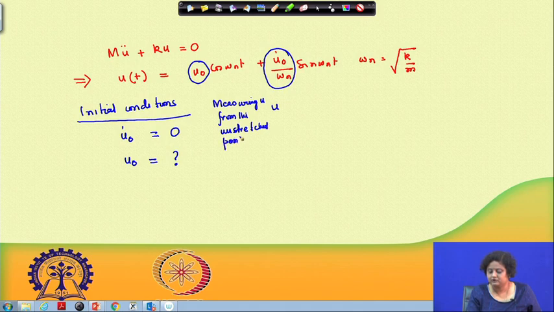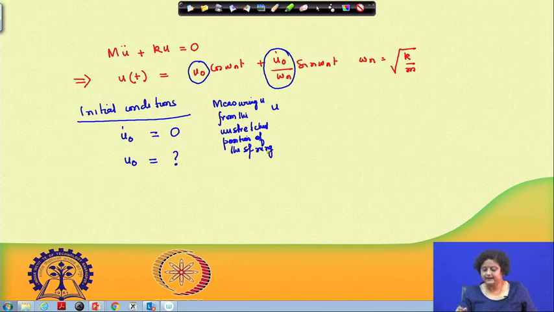Initially, let us call it u1, when the scrap was attached.